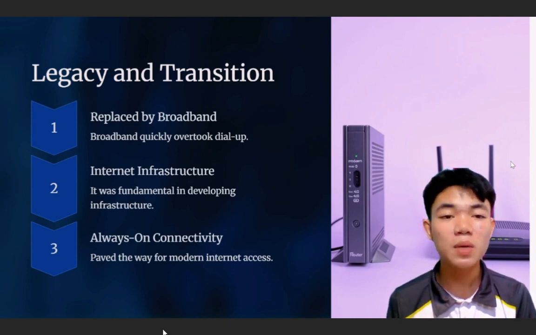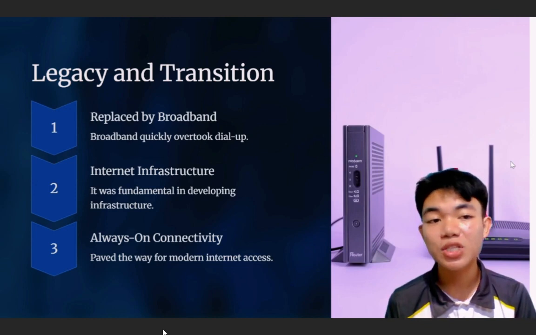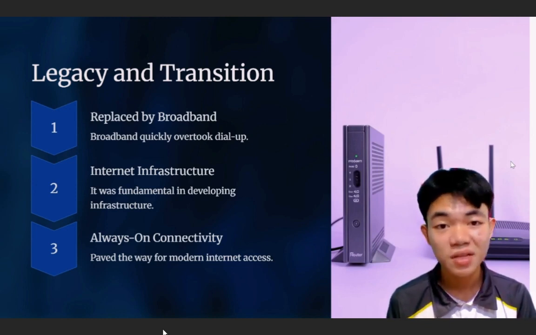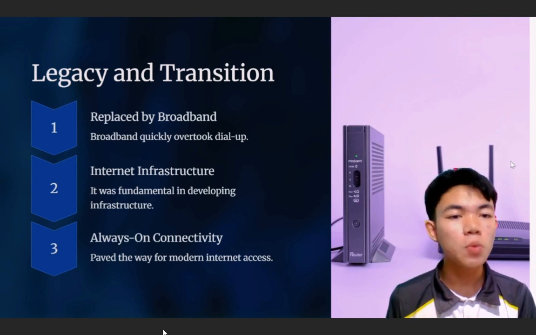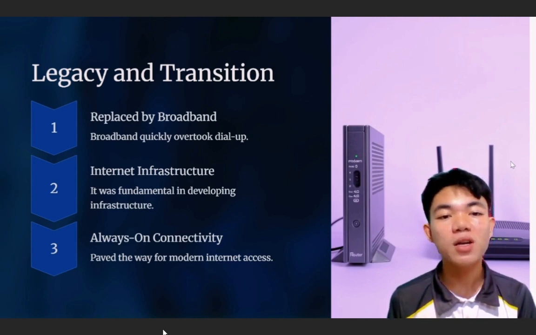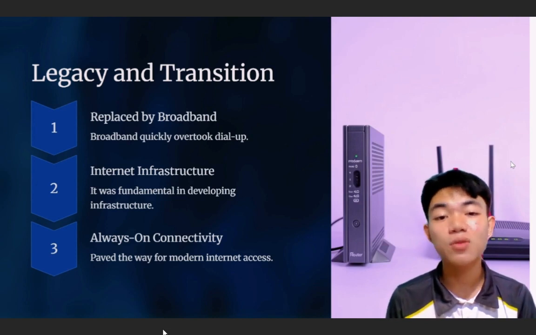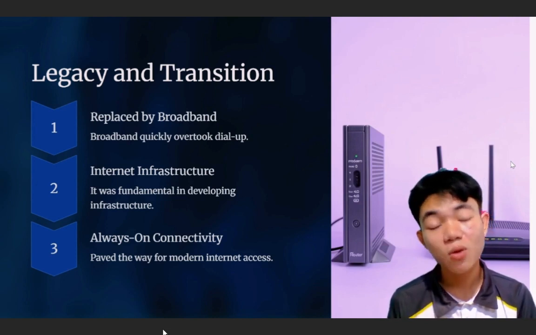The development of broadband infrastructure was fundamental in shaping the modern internet and enabling always-on connectivity for users. Broadband paved the way for the always-on, ubiquitous internet access that we enjoy today, transforming how we use and interact with the online world.